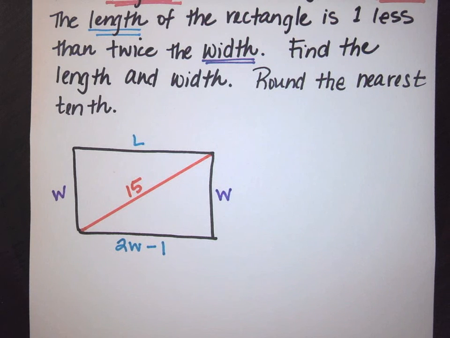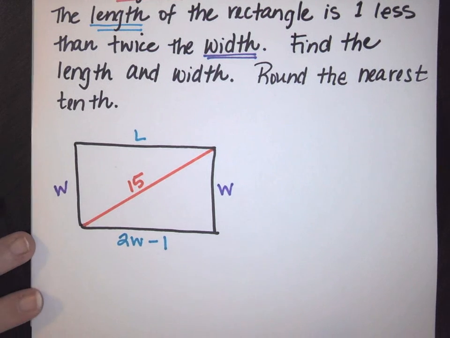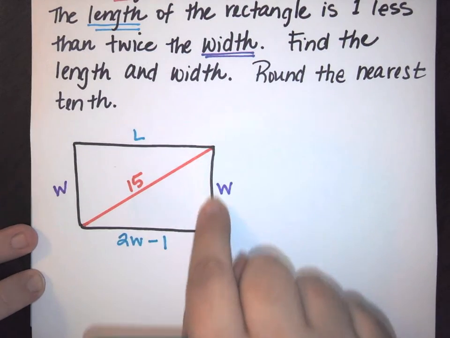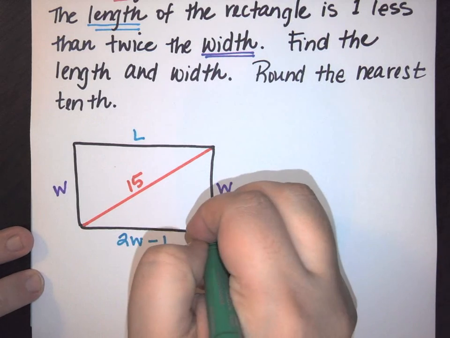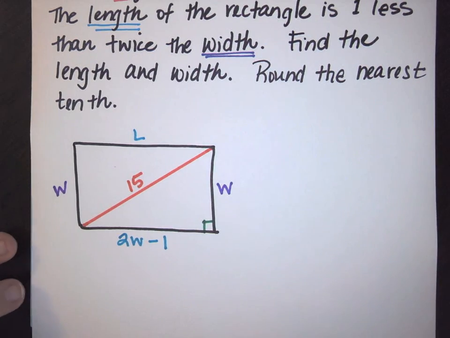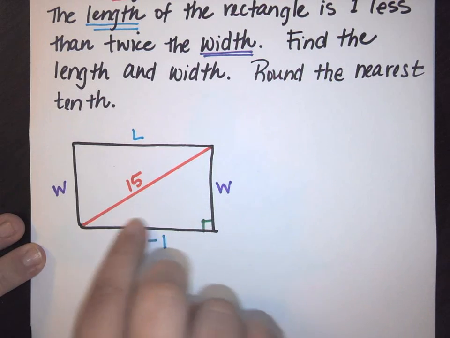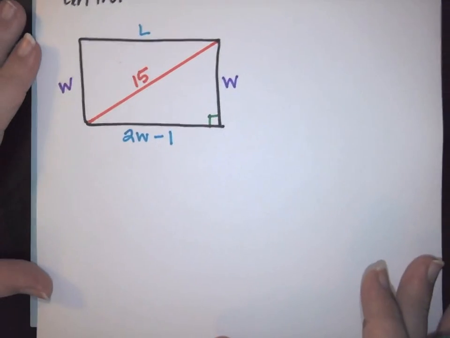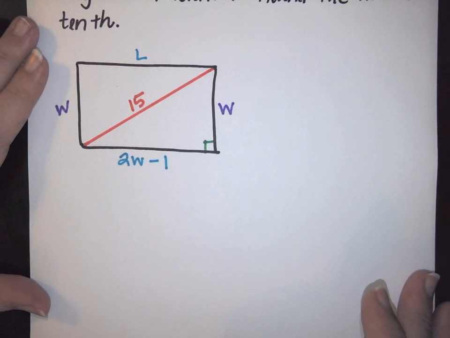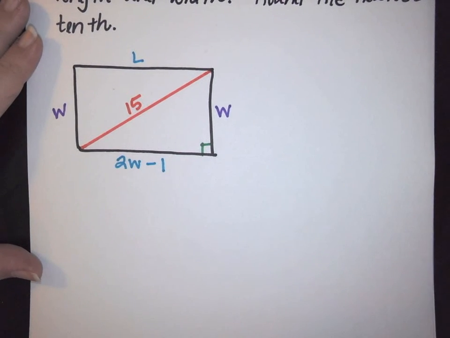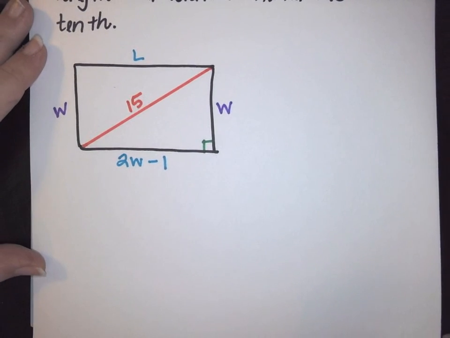Now with that off to the side, we need to be able to know where to start. And the place that we start is with the formulas that we need. Well, first thing, I've got this triangle here, and the one thing I know about rectangles is that their angles are always 90. So this triangle here is actually a right triangle. Furthermore, I know right triangles have a very special formula which I can use to try and help me solve for the missing lengths.